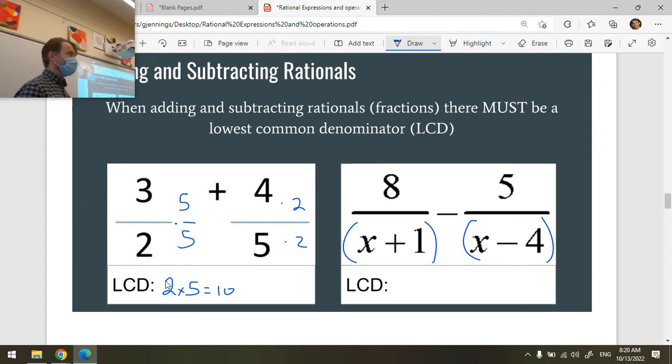Yeah, that's right. So what we do here is we're going to have the lowest common denominator being x plus 1 multiplied by x minus 4. So it's the same principle that we had here, where we just multiply the two denominators by one another.